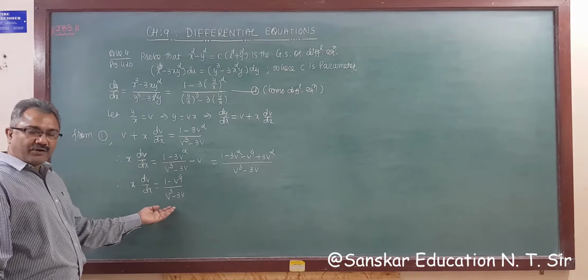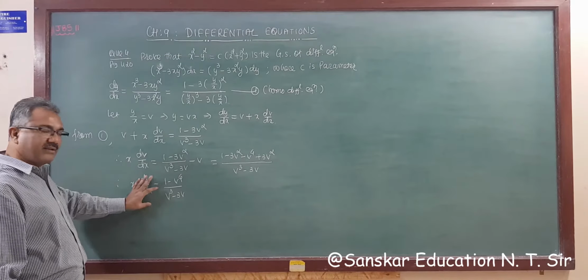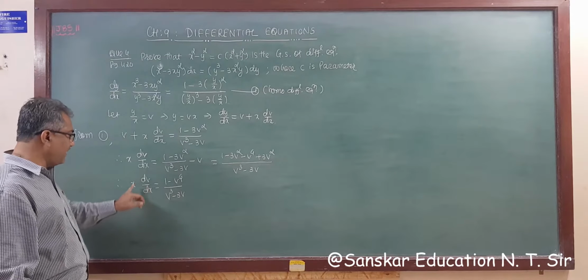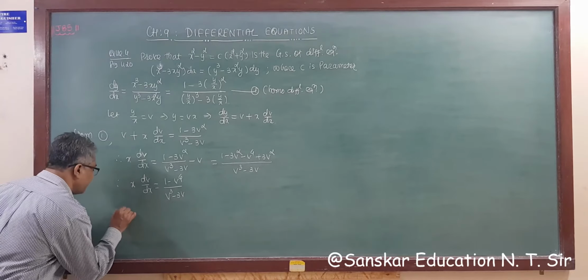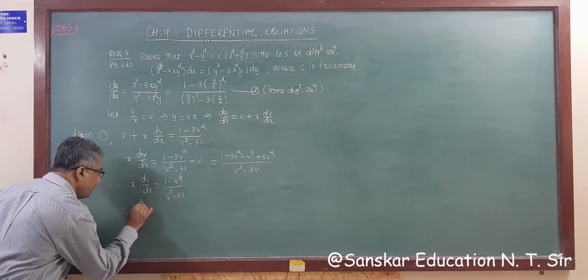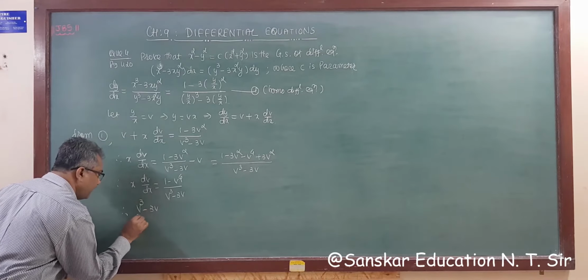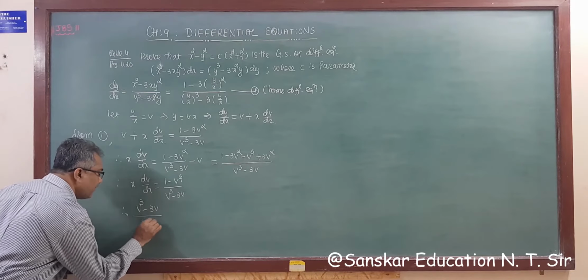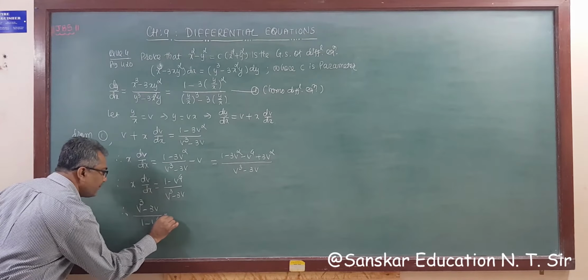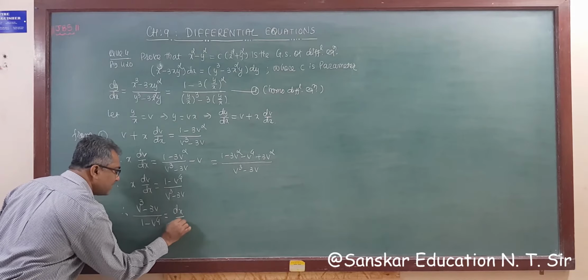So for variable separable, we write all terms of v with dv and take dx here. As usual, we get v cube minus 3v whole upon 1 minus v raised to 4 is equal to dx upon x.